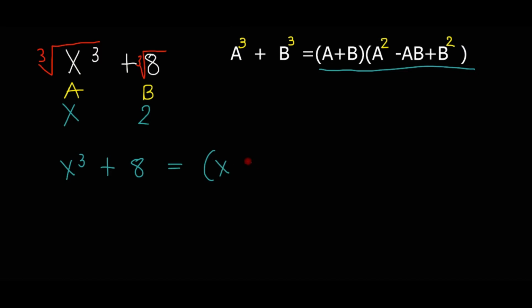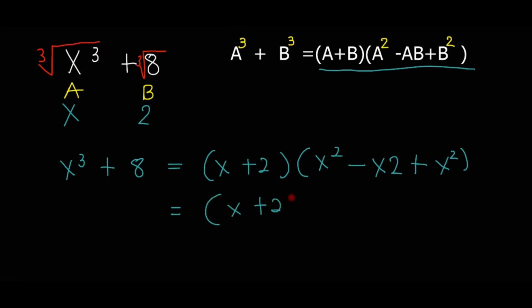This is x plus 2, and then our a ke x, so ke x squared, and then minus, and then our a ke x, and then our b ke 2, and then our b ke 2. So e rela gore ra square. So e rela gore this is our final answer, is x plus 2 and then x squared minus 2x plus 4. So this is our answer.